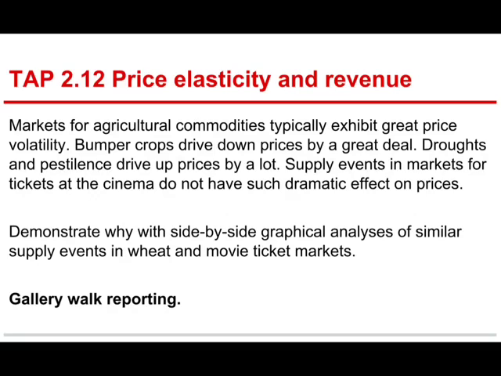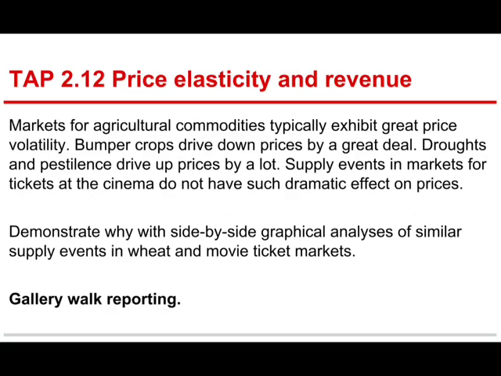The other piece of information I brought in was that the price elasticity of demand for agricultural commodities tends generally to be very low, so that gave us contrasting cases. So I'm asking you why price volatility is really high in ag and real low in cinema, and I've hinted strongly that it has to do with the price elasticity of demand.